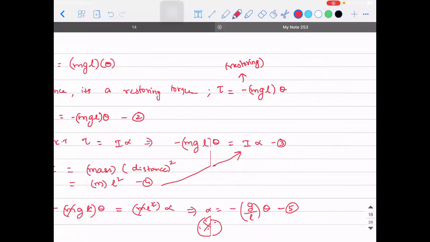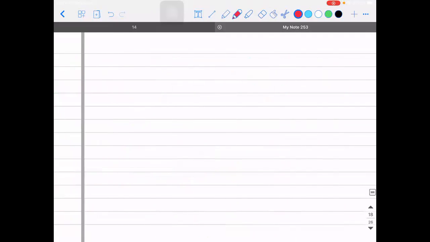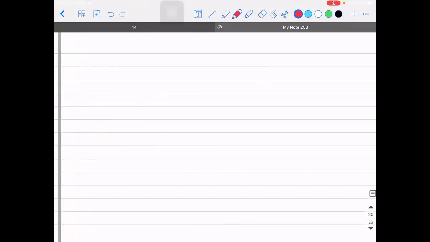Okay. So after you obtain alpha, what are you supposed to compare it with? Comparing alpha with minus omega square theta, we get minus g by L into theta is equal to minus omega square theta.